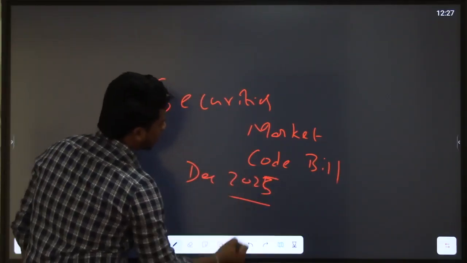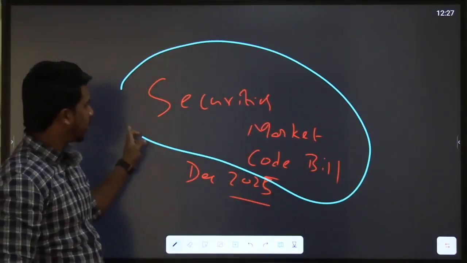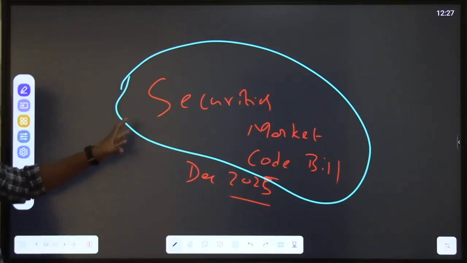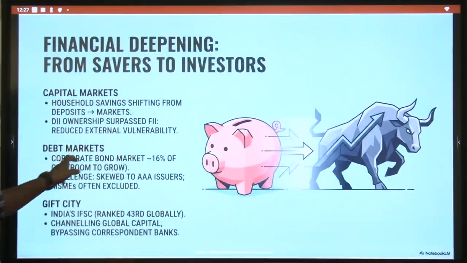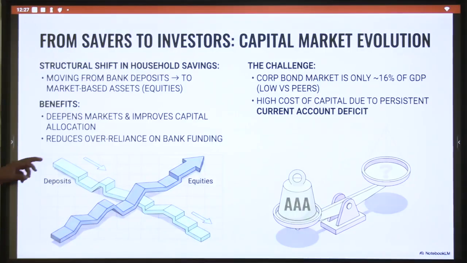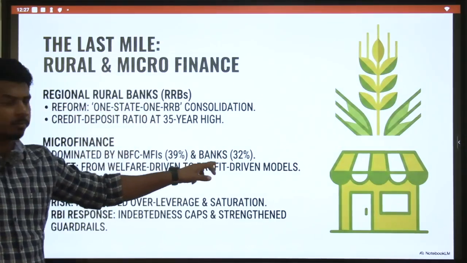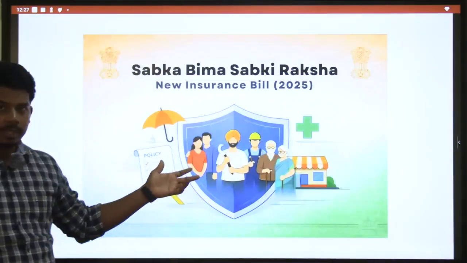So there is a new law coming in the securities market also. So we are reforming the securities market. We are reforming RRBs. We are consolidating under the one state, one RRB policy. Then we have brought a new act in the insurance sector.